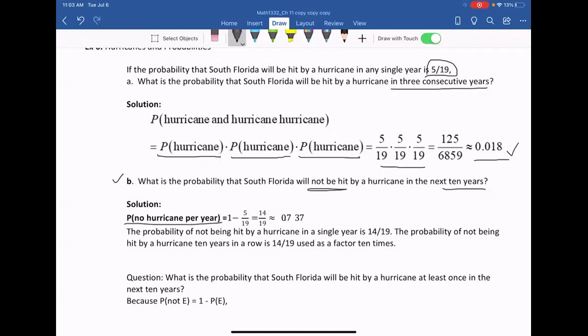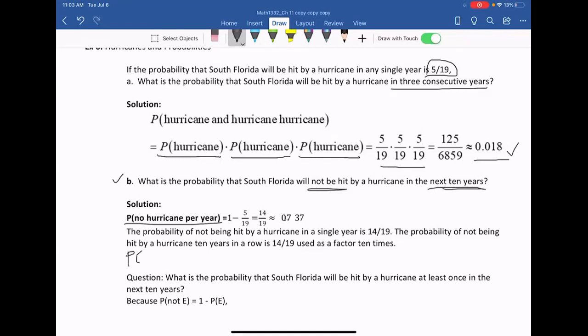That is 1 minus 5 over 19, which is 14 over 19, about 0.737. So in the next 10 consecutive years, first year, second year, third year, up to the 10th year, we need to multiply all of these together.